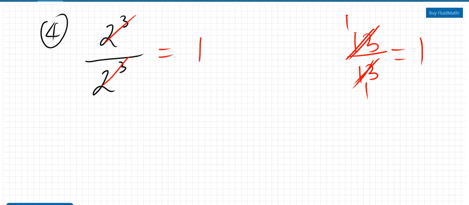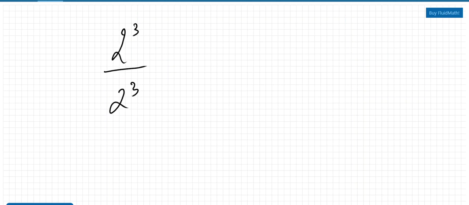But now that we know a bit of information about the index laws, let's explore this. If I wanted to use the index law, well, I know I have to subtract. So if I write it out again, if I use the second index law and I subtract, same base, I'm dividing, this will equal, I'll just do it up here, 2 is my base, 3 take away 3 leaves me with 0.